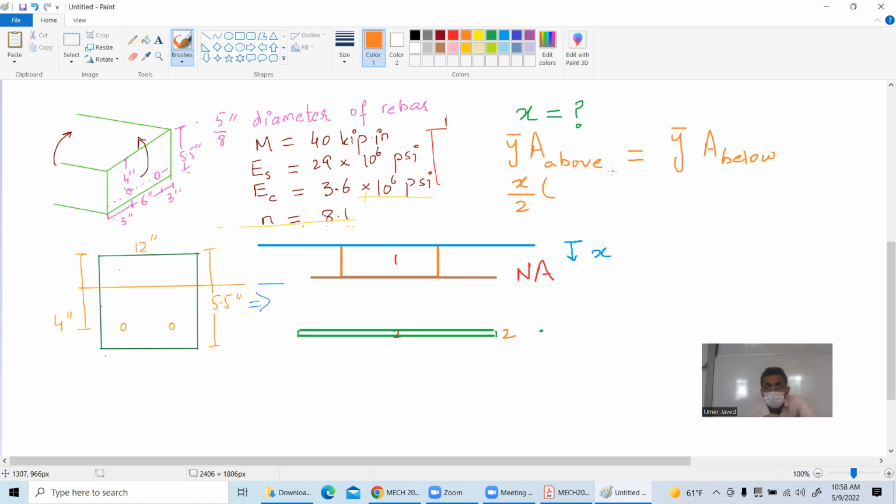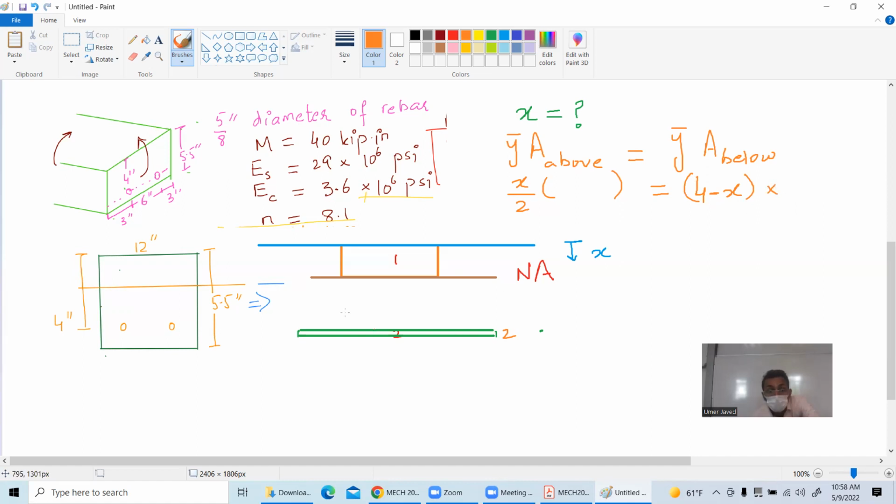Multiply by area above. Then this y dash will be the 4 minus this distance, which is x. So it will be 4 minus x multiplied by area below.